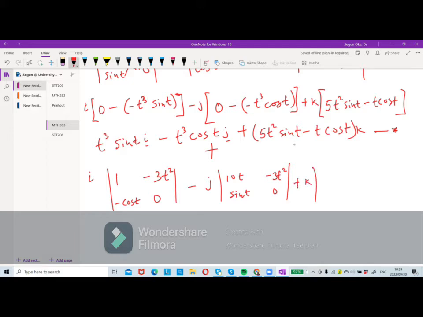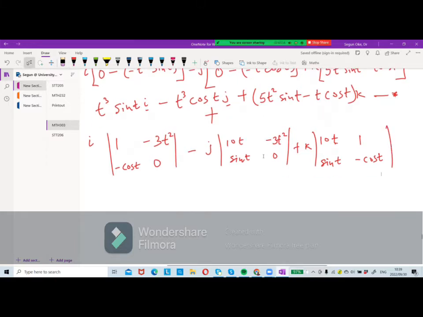Positive k, you have 1, 0t, 1, sine t, cos t.